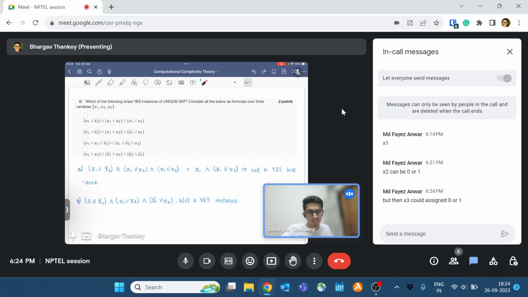Either this is a no instance, in which case we are done. If this is satisfiable, then since we are considering this as a formula over three variables, take any satisfying assignment that assigns values to x1 and x2 and put x3 equals 0 and x3 equals 1. Both would be satisfying assignments. So if this is satisfiable, then this would have at least two satisfying assignments, right? And so this can never be a yes instance.